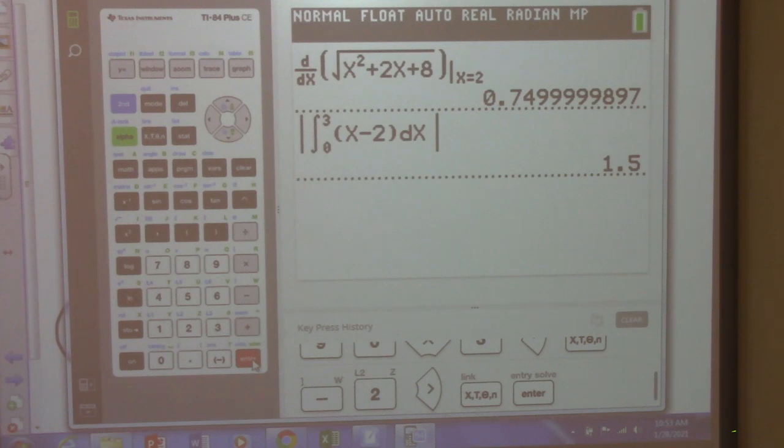Does that look right? How's it 1.5? There's no way, it's gotta be 2.5.